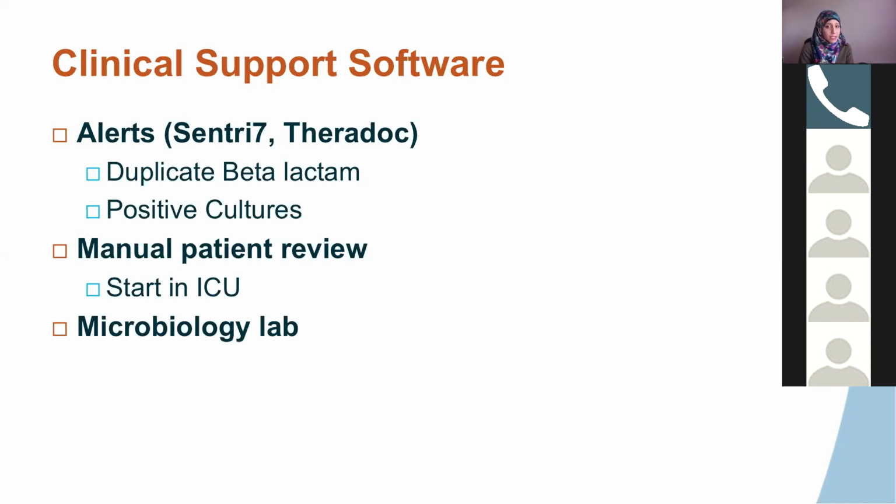Those are going to be your sickest patients. A lot of the time they're going to have the broadest spectrum antibiotics and the most combinations of antibiotics. They're also going to be at the highest risk for C. diff infection, so a lot of opportunity for intervention in those patients. After reviewing that, I work my way up the units as I can.